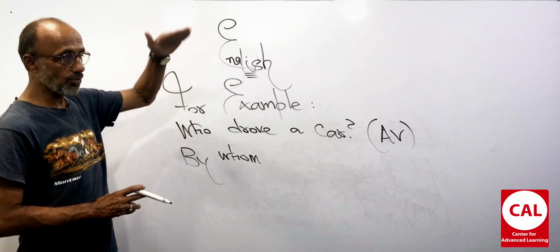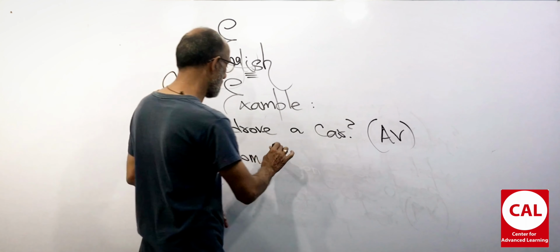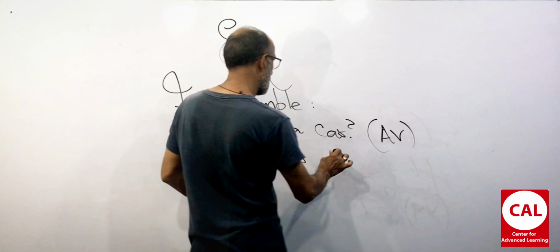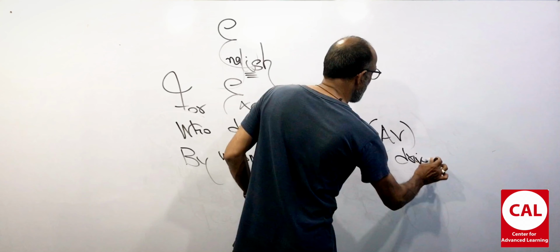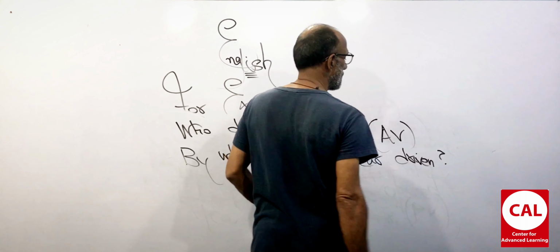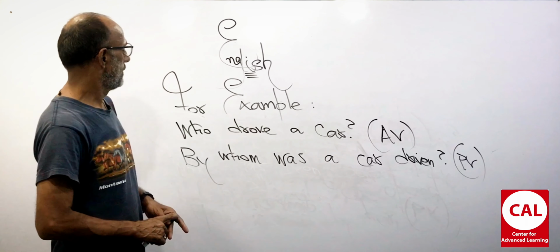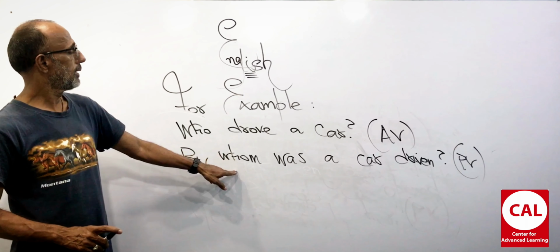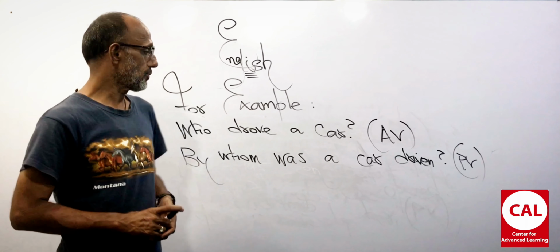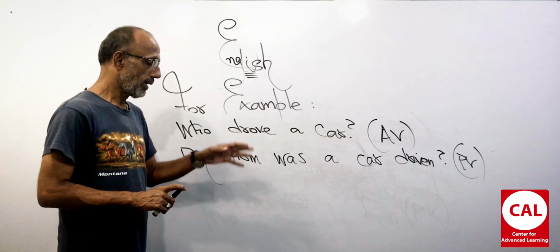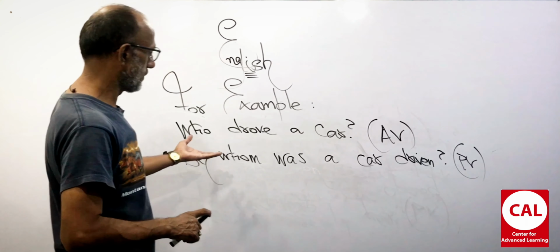So it will change into simple past in the passive as well. So by whom was a car driven? This is now passive voice, no more active voice. In this case, we use what? By whom was a car driven. This type of sentence we use in WH by whom, and we can easily change from active to passive.